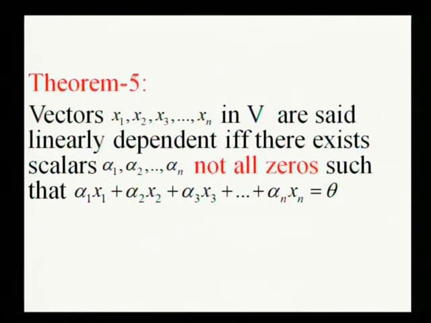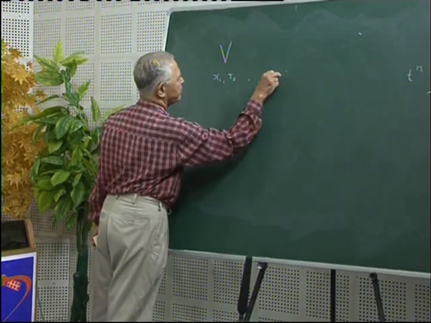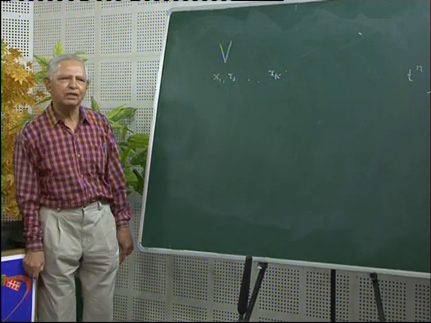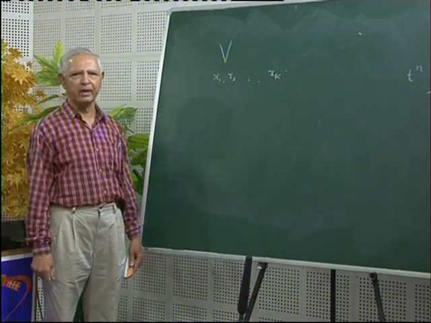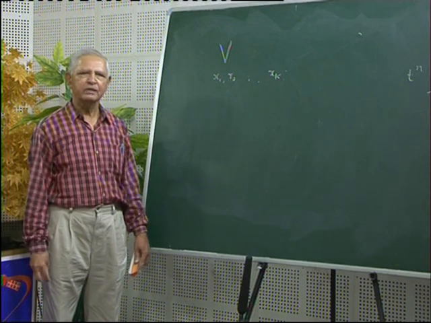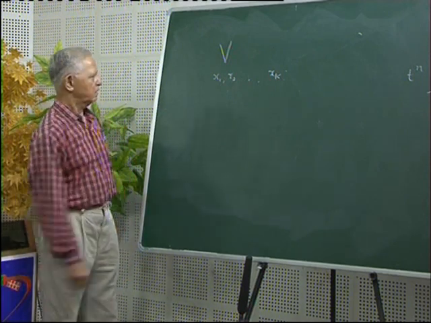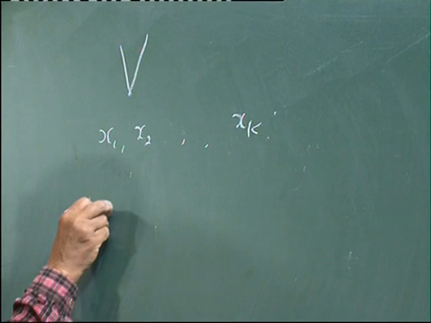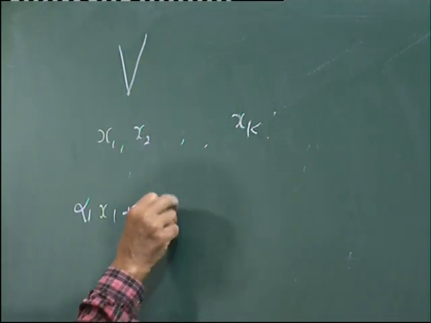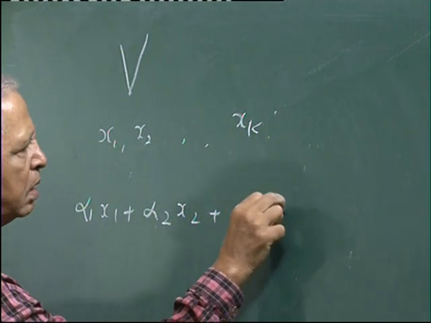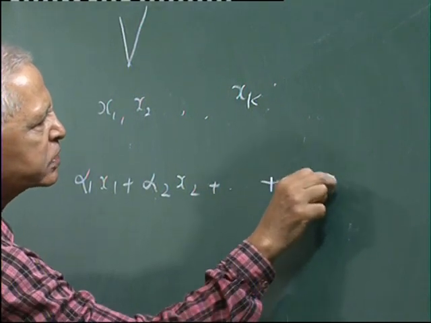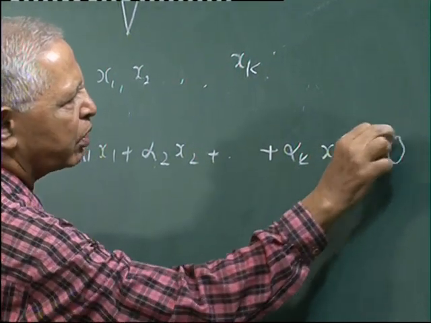Now our problem is that suppose you are given a known vector space V and k vectors x1, x2, ..., xk, and you want to check whether these vectors are linearly independent or dependent. Then what do you do? We consider the vector equation alpha 1 x1 plus ... plus alpha k xk is equal to 0.